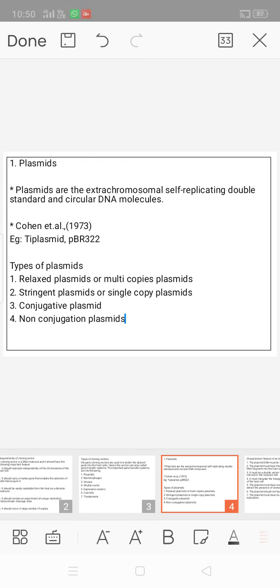They have high molecular weight. And non-conjugative plasmids. In this type of plasmids, the tra genes are absent. Each bacterial cell contains a large number of plasmids. They have low molecular weight.